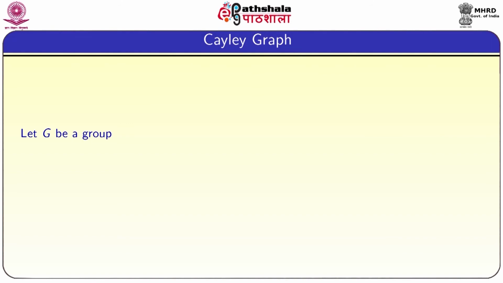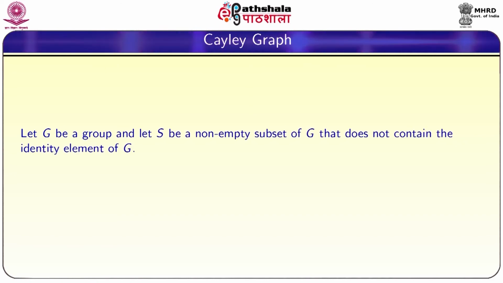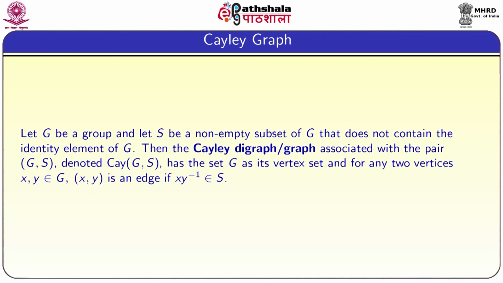Let G be a group, let S be a non-empty subset of G that does not contain the identity element of G. That means we are collecting any non-empty subset, but one that does not contain the identity element of G. Then the Cayley digraph or graph associated with the pair (G, S), denoted Cay(G, S), has G as its vertex set, and any 2 vertices x, y belonging to G form an edge if and only if xy inverse belongs to S.